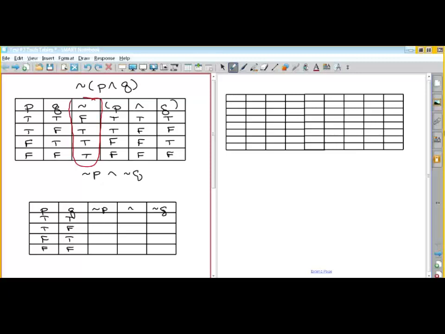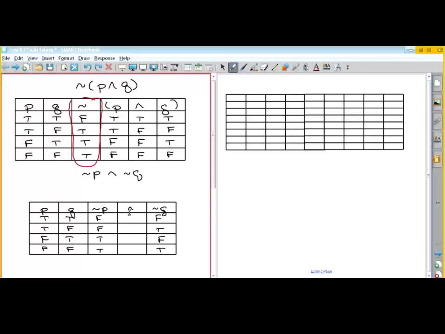Okay, so we do the same thing down here, except we don't have a negation on the outside, we just have a negation on each one of them separately. So instead of copying true, true, false, false from the P column, we do the opposite, which is false, false, true, true. Then the negation of Q is the opposite of what's in the Q column. So instead of true, false, true, false, it's false, true, false, true.